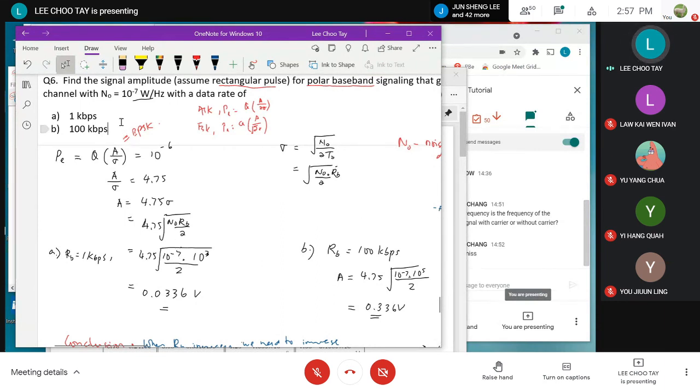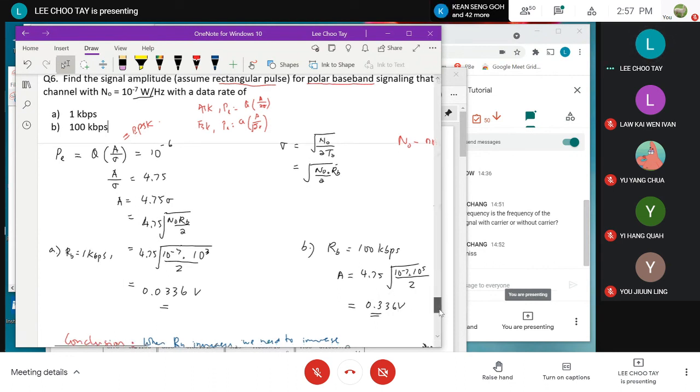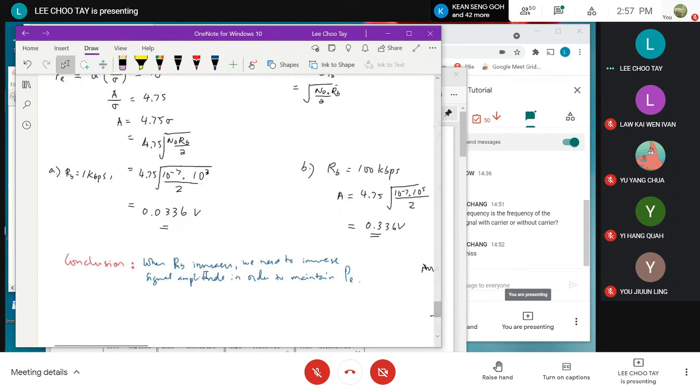When I increase my bit rate, in order to maintain the same probability of error, I need to increase my signal amplitude. Makes sense, isn't it?